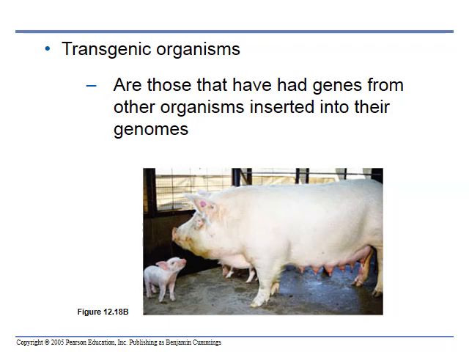Okay. If you stick DNA from a different animal into an animal, or a different plant into a plant, it is now called transgenic. So if you stick a jellyfish gene into a tomato plant, you have a transgenic organism.